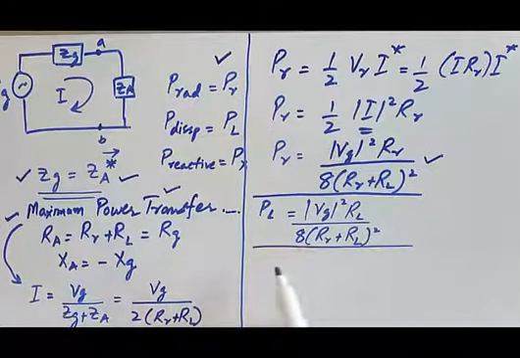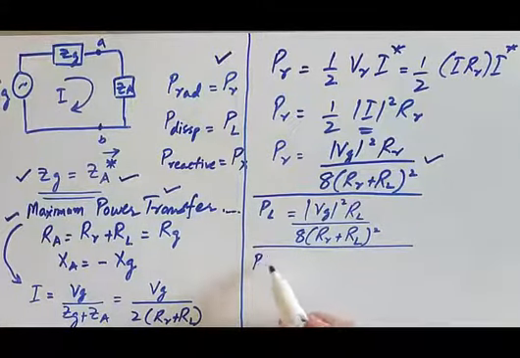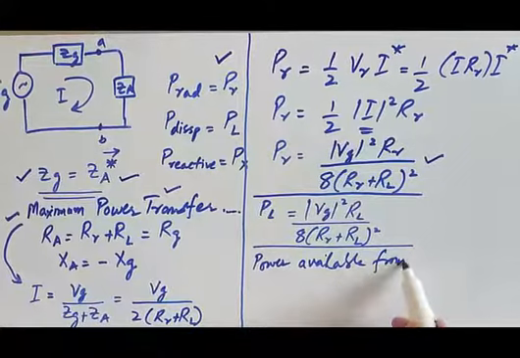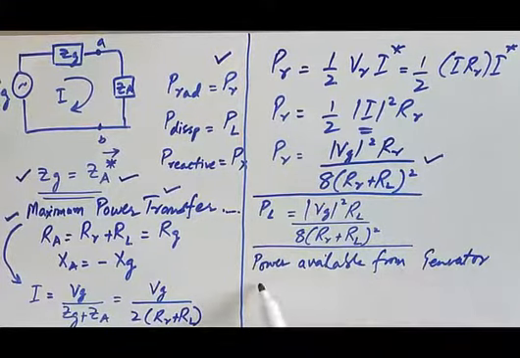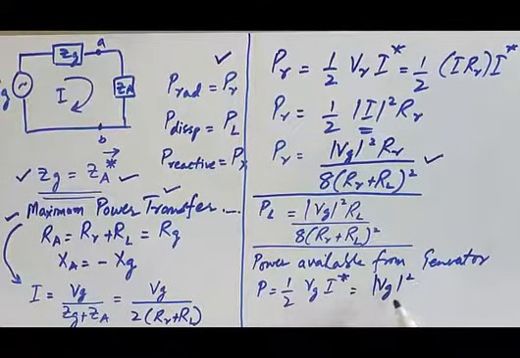Likewise, if you notice, the power available from the generator source is equal to half Vg and then I static. So when I solve it, it gives me Vg magnitude square divided by 4 times (RR plus RL).